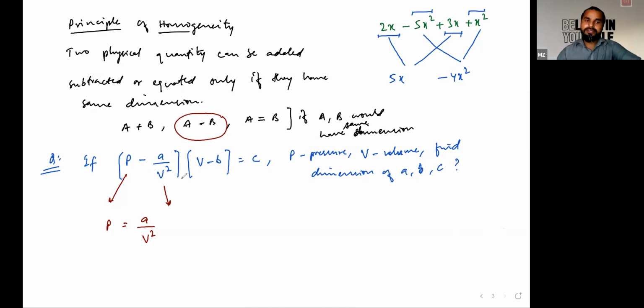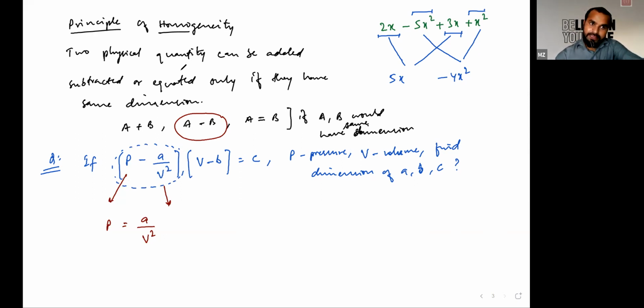See, in this bracket we have two parts: first P and the next part a over V squared, with a negative sign between them.